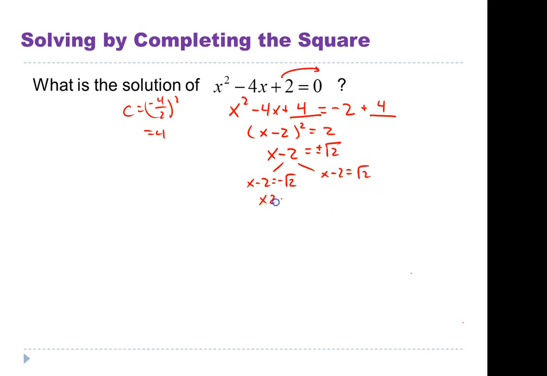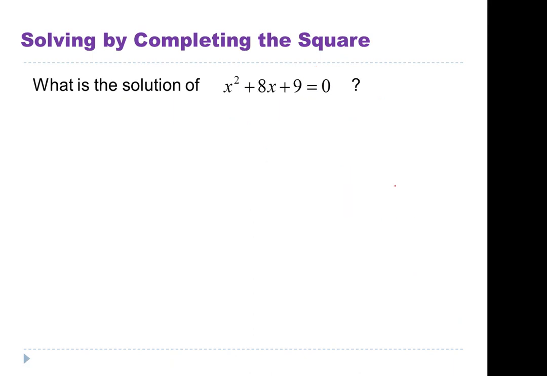Add 2 to both sides. X equals positive 2 minus radical 2, and x equals positive 2 plus radical 2 are my two answers. Here's one for you to try.